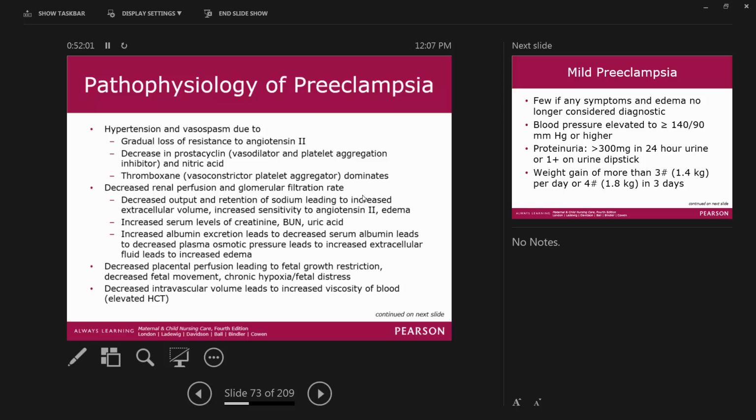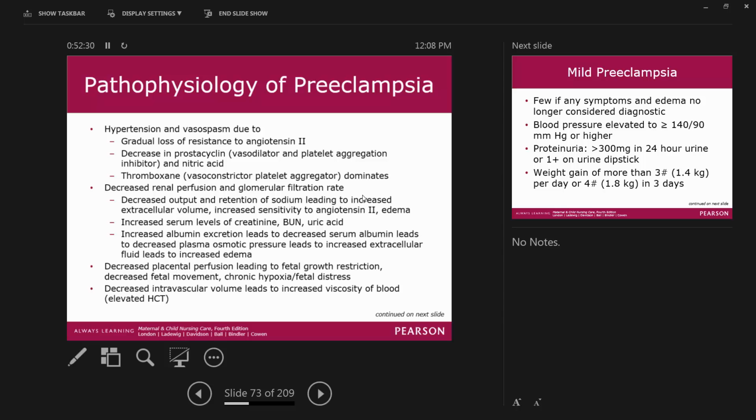Okay, so this is what it looks like in pregnancy. We have this hypertension, and it also causes vasospasm. In pregnancy we lose resistance to angiotensin II. Do you understand that sentence? We lose resistance to it, so we're letting it run rampant in our system.